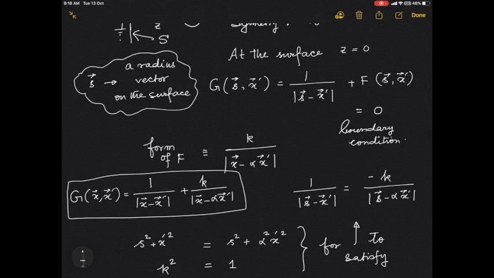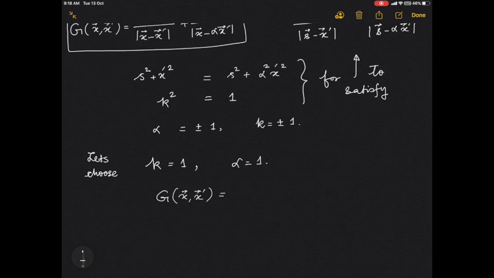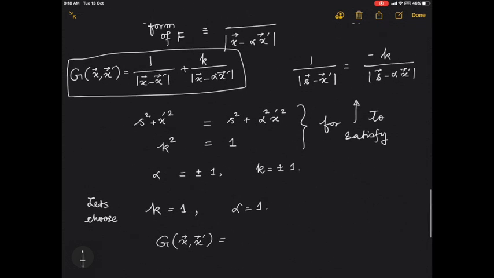So if this is my G, k equals 1, alpha equals 1, okay, so k equals minus 1, alpha equals 1. So let's take that choice.